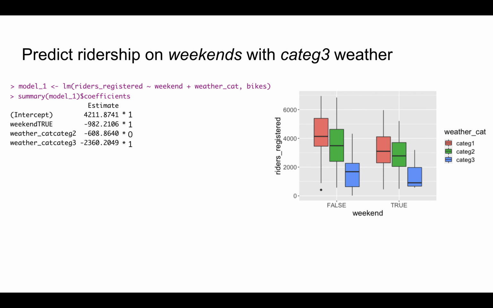Consider a final prediction, that of ridership on weekends with category 3 weather. In this case, we incur a drop in ridership associated with weekends and a drop in ridership associated with category 3 weather. This combination of categories produces our lowest predicted ridership of only 869, represented by the red dot at right.